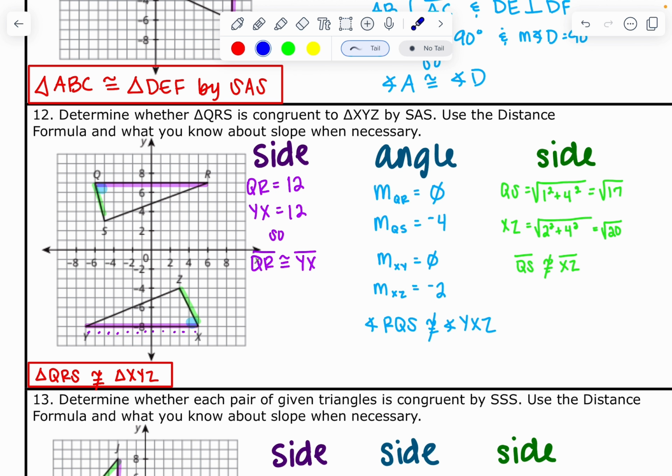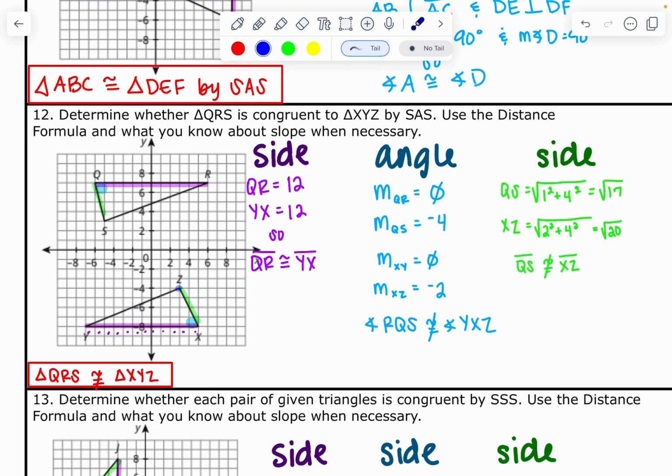I used that to prove that these aren't congruent angles because as you can see here, this slope is 0, but this slope is -4. This slope is 0, and if this slope were also -4, those angles would be congruent, but it's -2. So since those slopes are not equal, we can ascertain that those angles are not congruent.